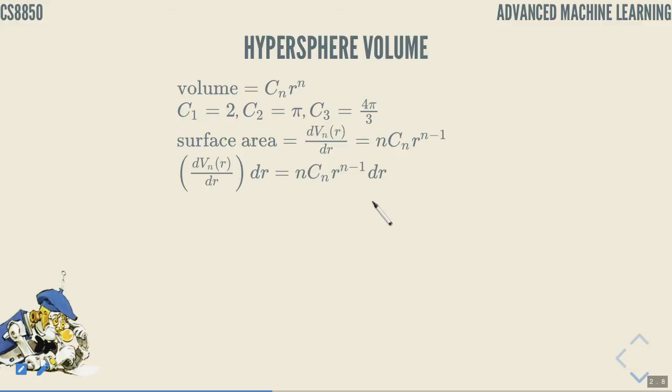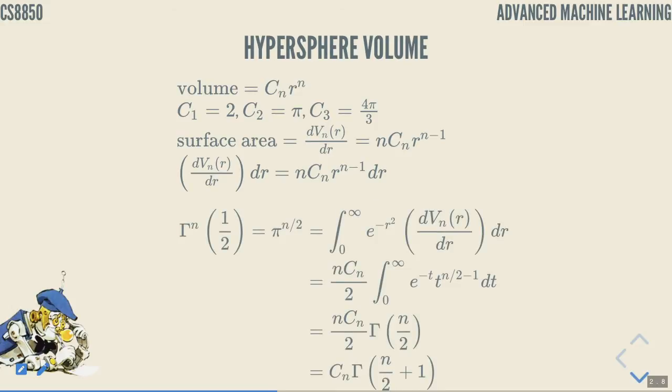But then let's do a little trick from our gamma in polar coordinates. When we calculated gamma of 1 over 2, remember we had r e to the minus r squared, where basically r dr was our element of the volume. The volume in this case was 2-dimensional.